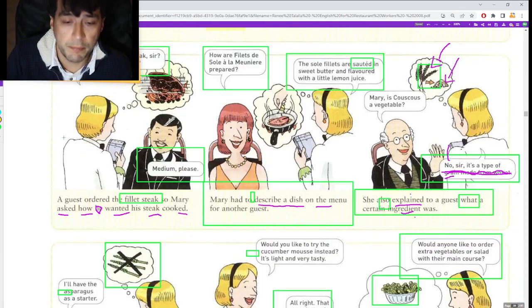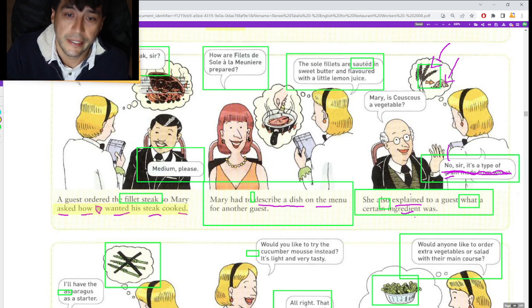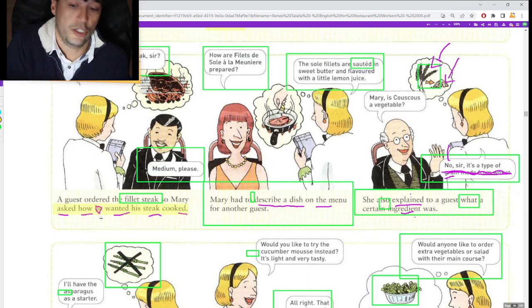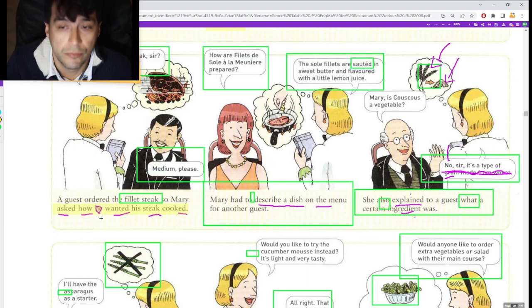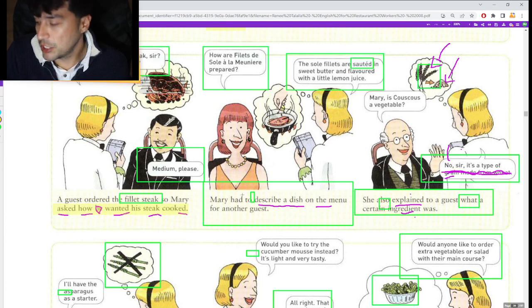Picture 4: ask how the guest wants his steak cooked, because he orders steak. So, ask how the steak is cooked or done.